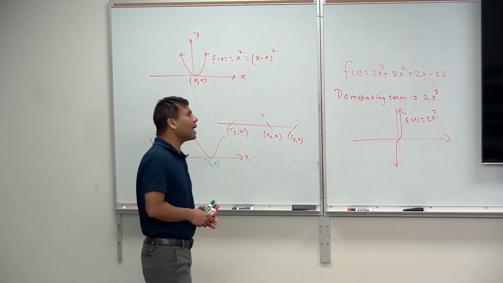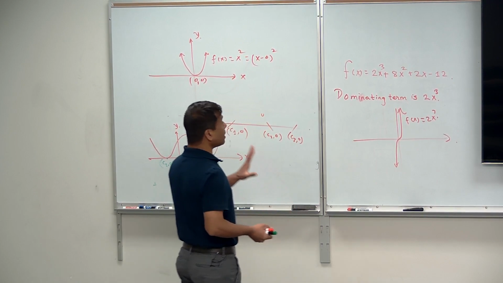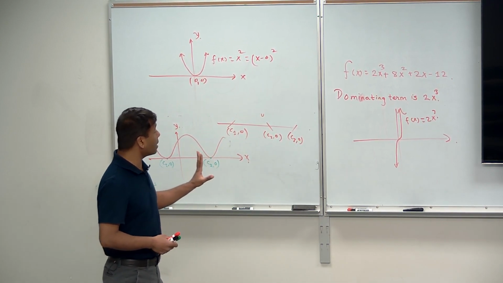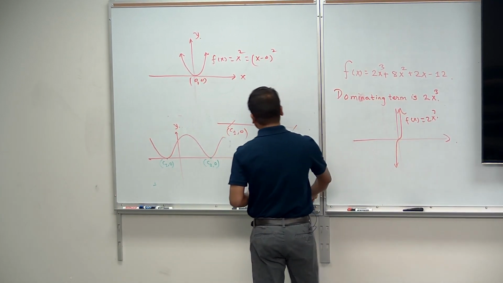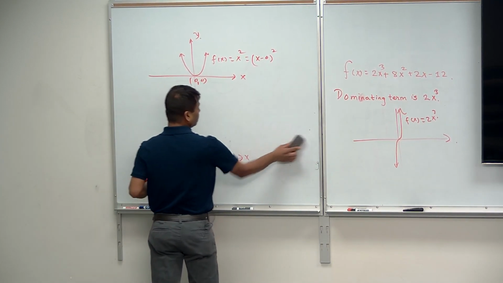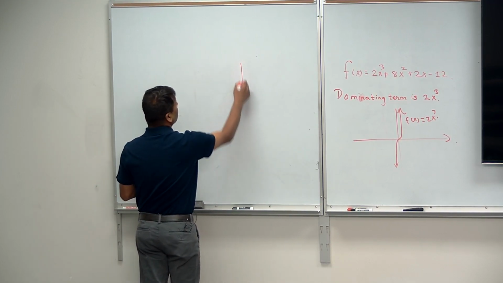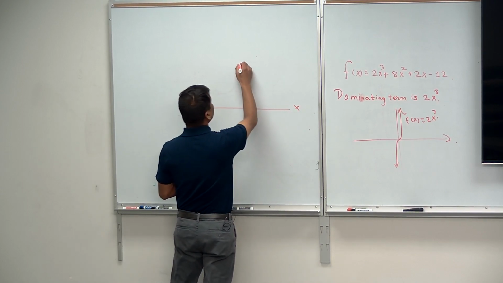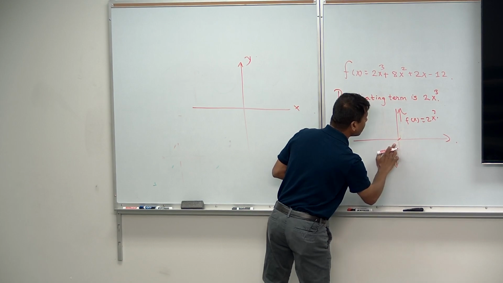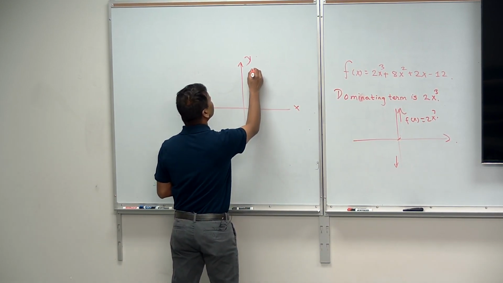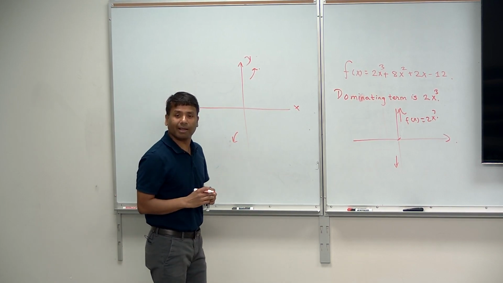If you look at the end behavior, I just want to show the end behavior. This is the x-axis, this is the y-axis. Forget about everything in the middle and look at the end behavior. It looks like this and this. Did you see that?